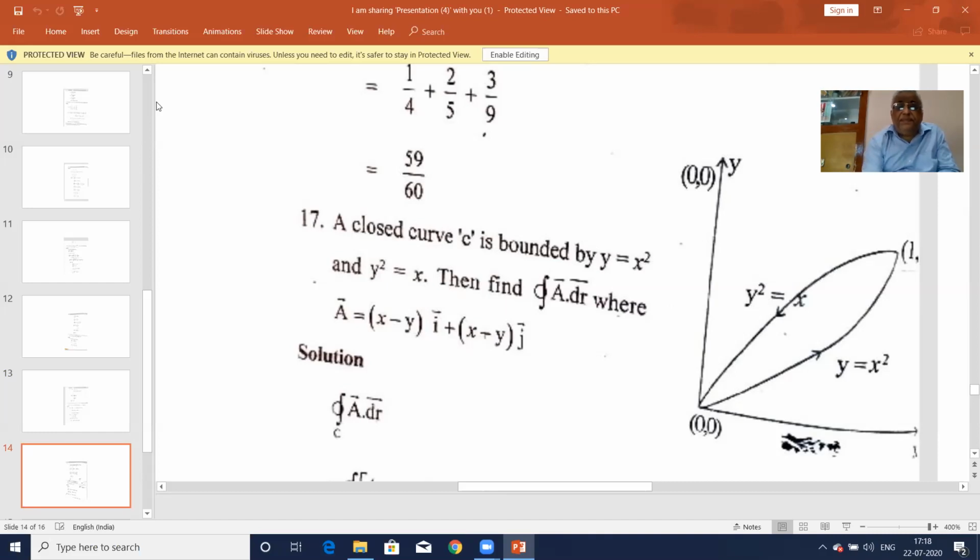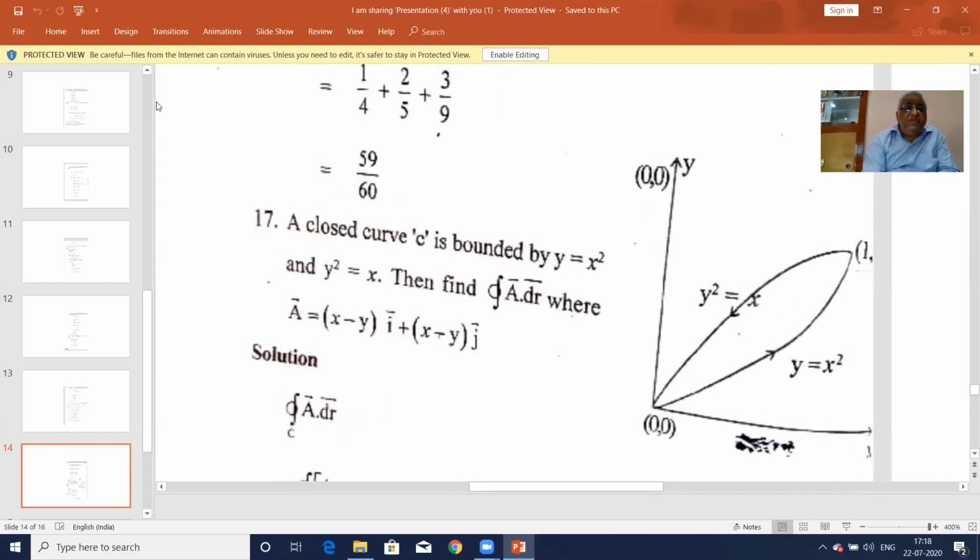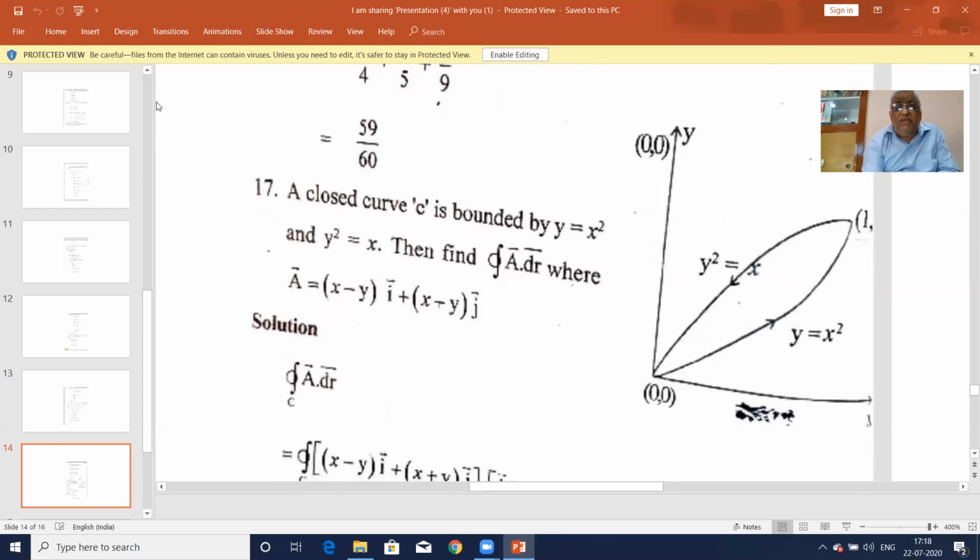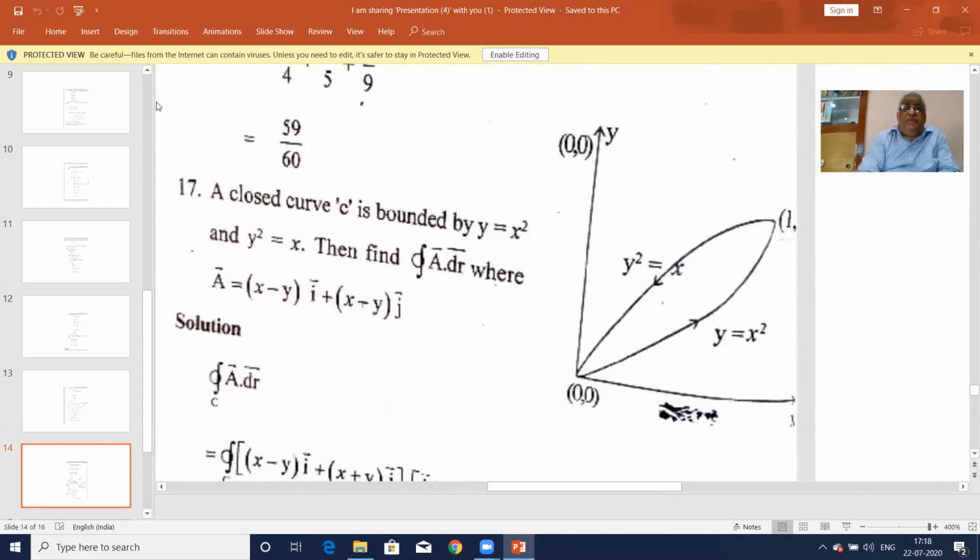See the curve. Then find the line integral A dot dr, where A is equal to (x minus y) i plus (x plus y) j. Draw the curve here. You can see how the curve visualizes from the figure.